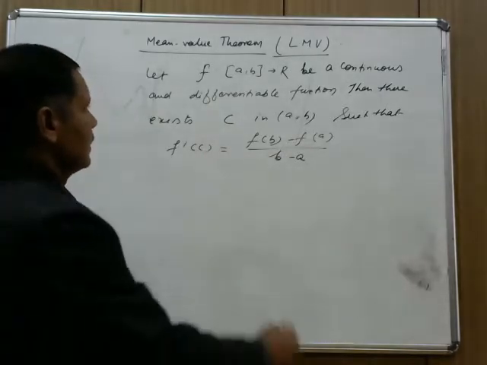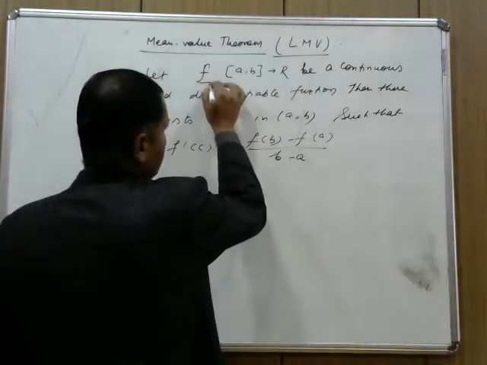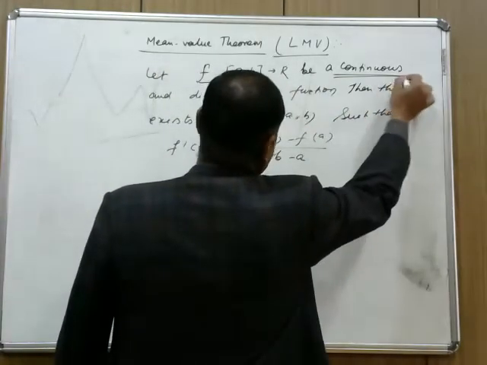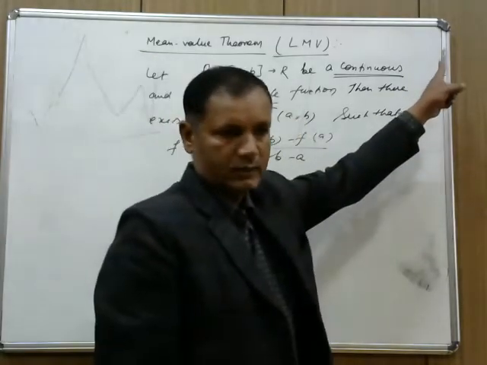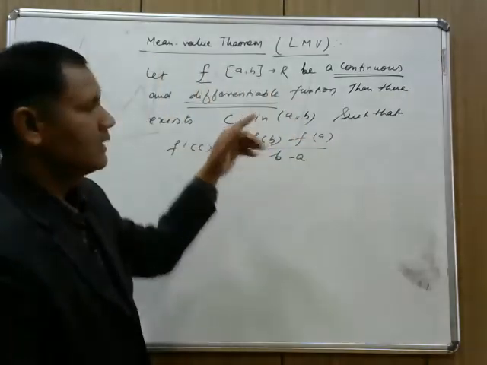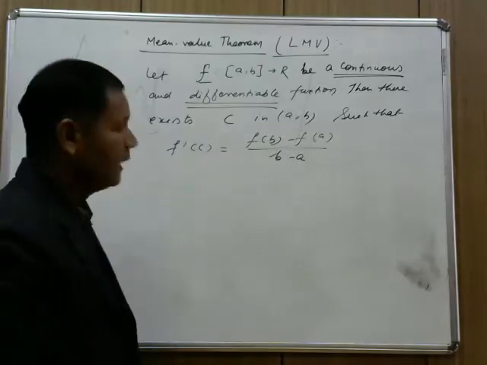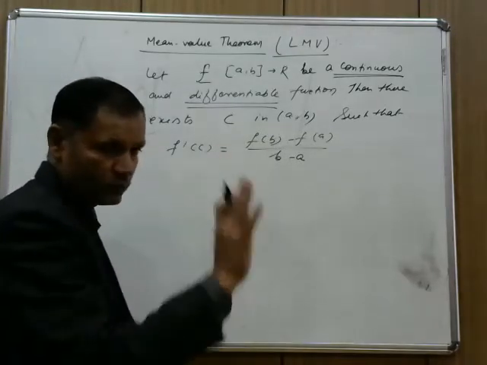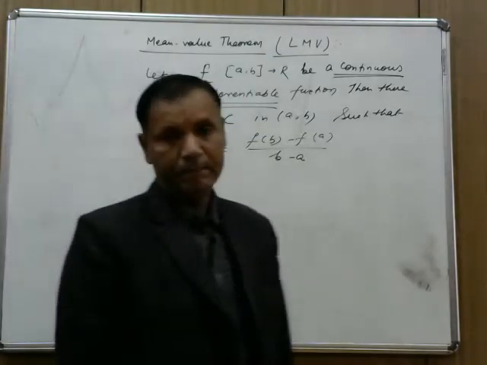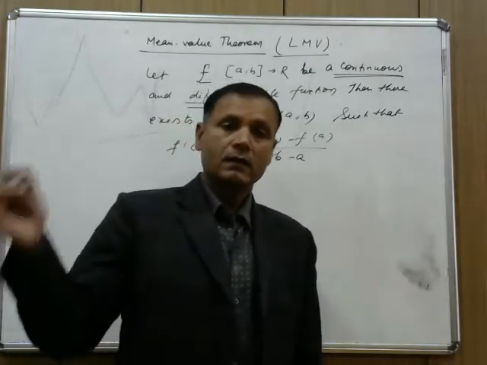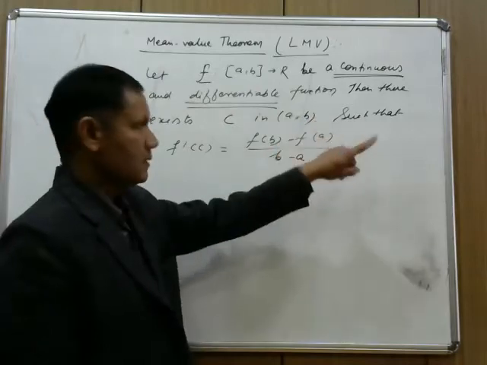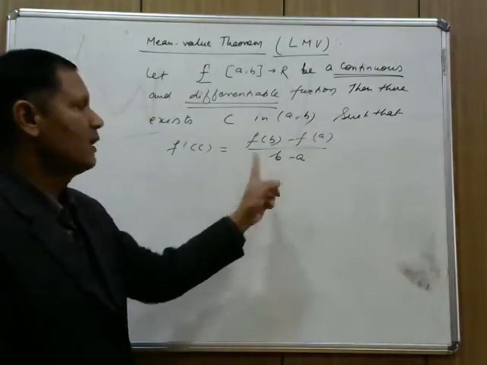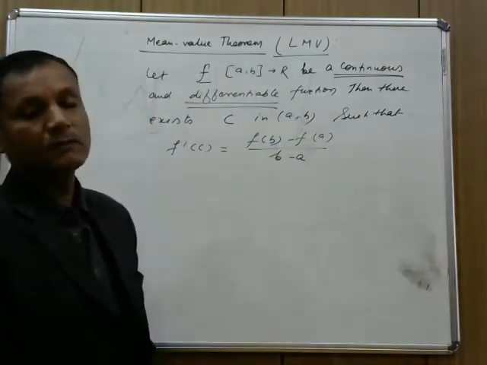That means a given function f is continuous in the closed interval [a, b], differentiable in the open interval (a, b), and f of a should not be equal to f of b. Then there is a number c lying between a and b such that f dash of c is equal to f of b minus f of a upon b minus a.